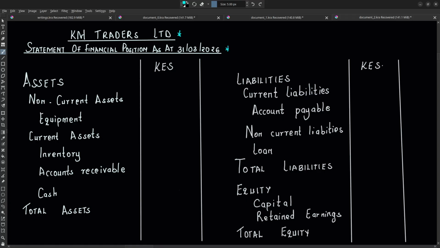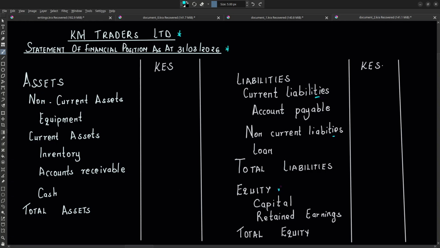So the structure of the balance sheet, or rather the statement of financial position, is for the assets, usually classify them into the non-current assets and the current assets. And for liabilities also, we have the current liabilities and the non-current liabilities. And then we have equity.